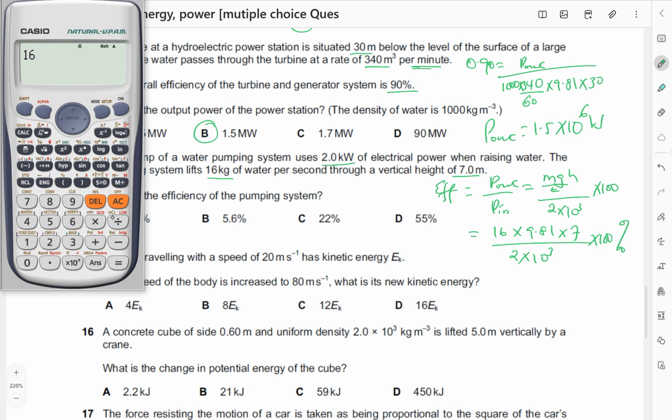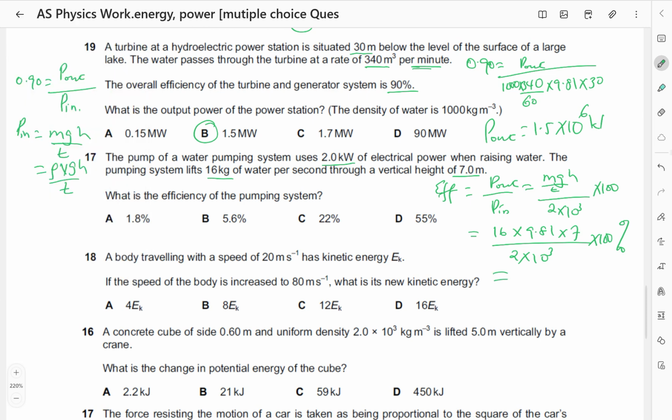So we have 16 times 9.81 times 7 times 100 divided by 2 times 10 power 3. That is 54.936, which is 55%. So this is 55%. So the answer is going to be D.